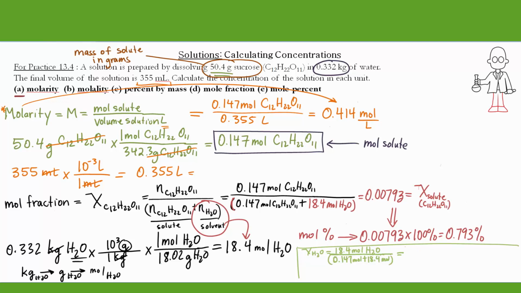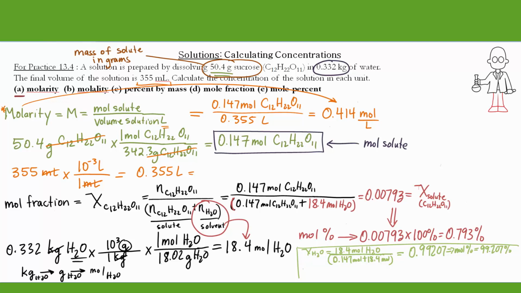And when you sum the denominator, divide the numerator by the sum of the denominator, you wind up with 0.99207. The mole percent would be this number multiplied by 100, and that would be 99.207%.